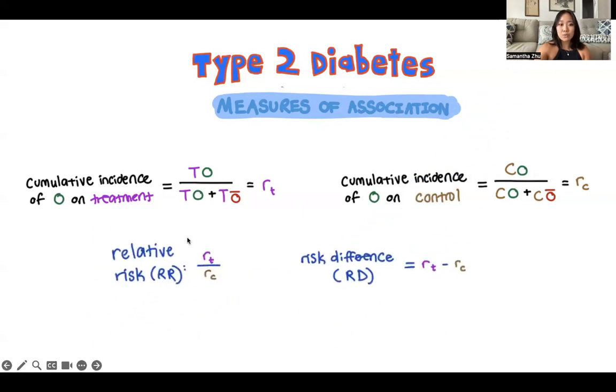And relative risk is more of a division ratio, and risk difference is a difference between the cumulative incidence of type 2 diabetes among meat eaters and among non-red meat eaters.